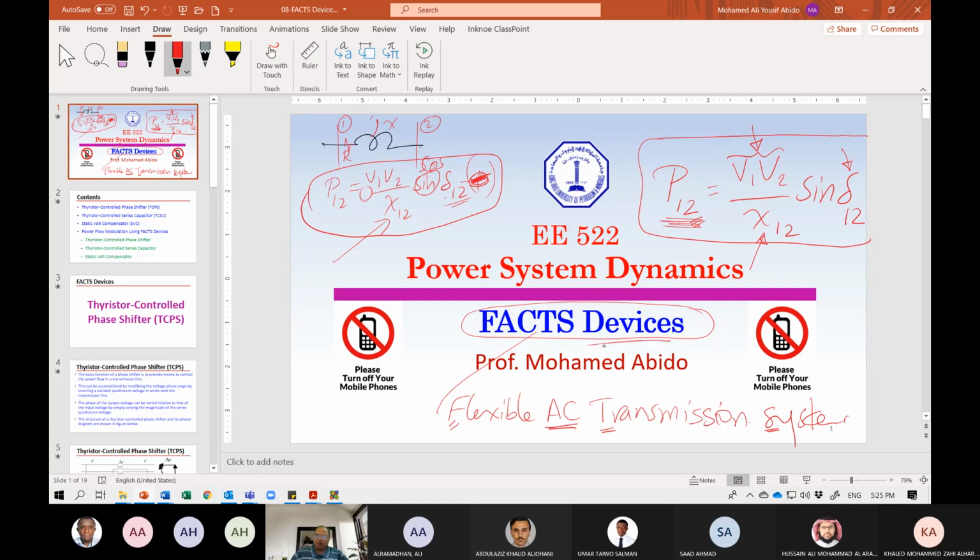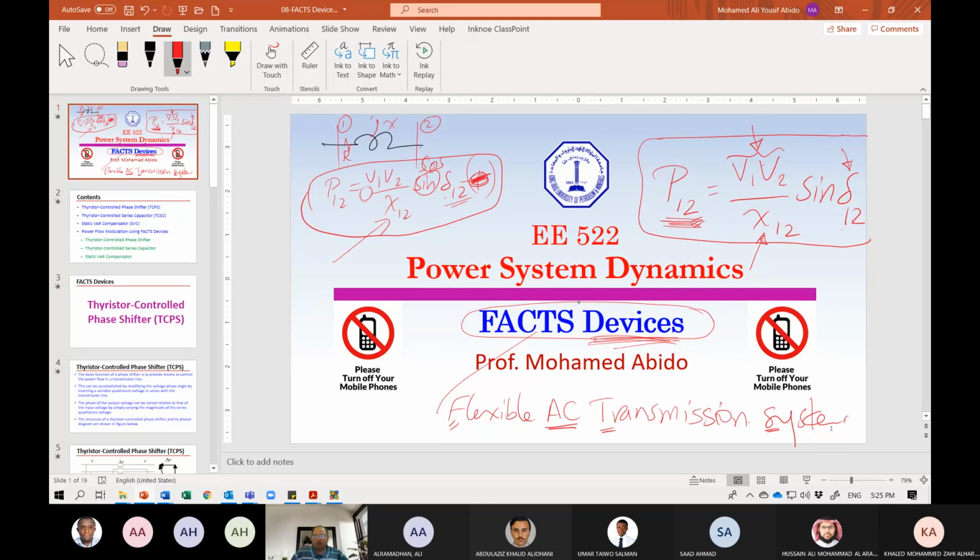These devices can play with the reactance, can play with the voltage, can play with the angle difference. So we can access all three limiting factors for power transfer, so we can make our transmission system more flexible.